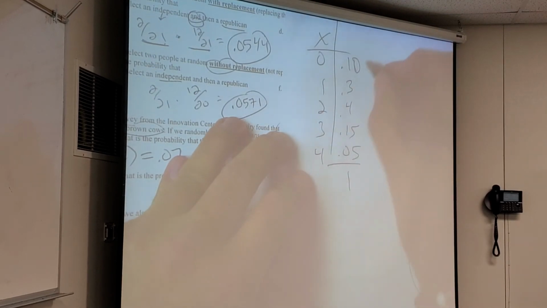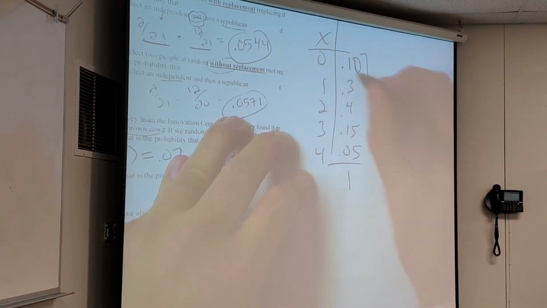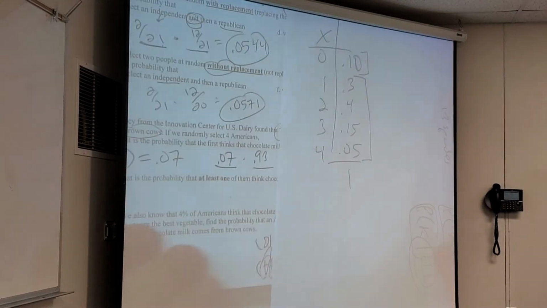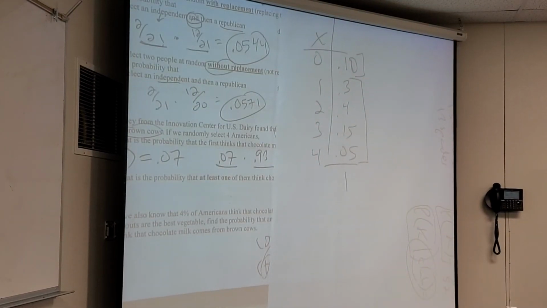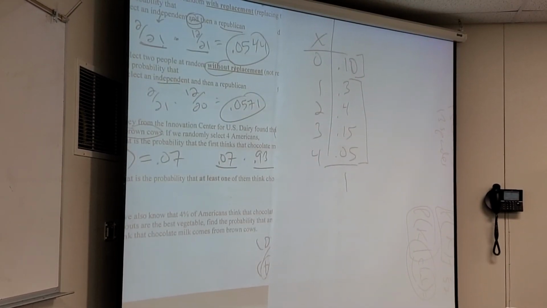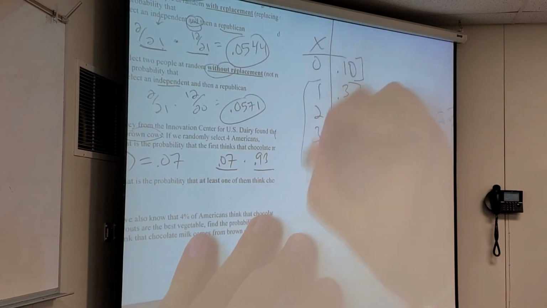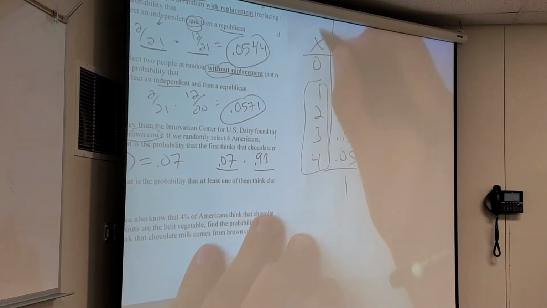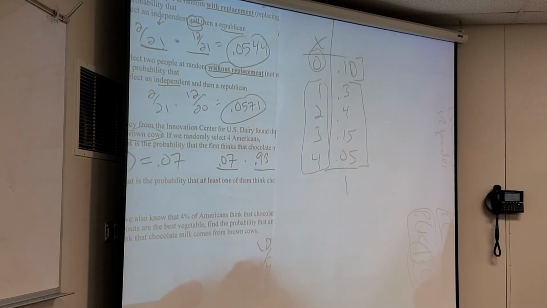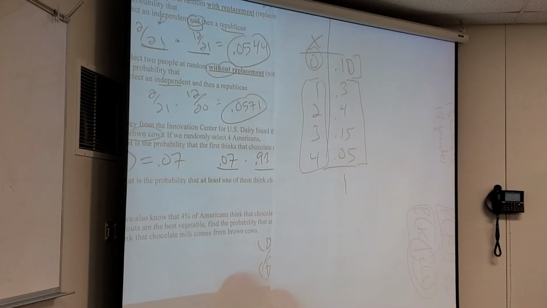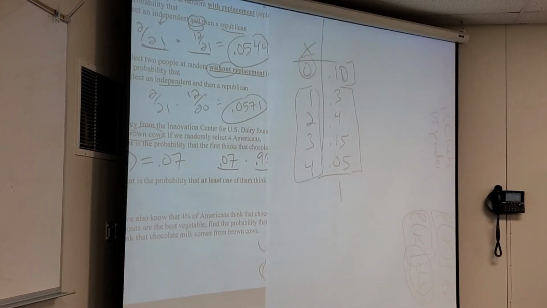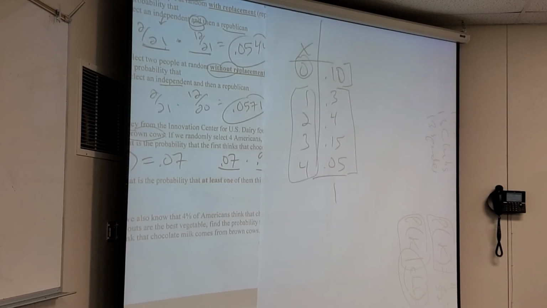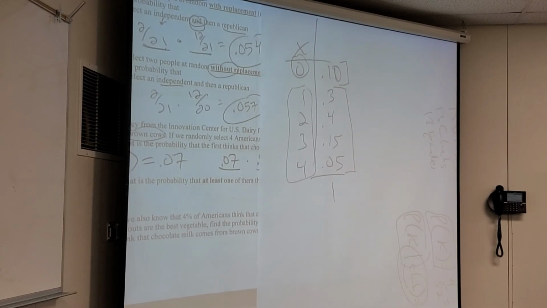So 1 minus any chunk of this has to equal the other chunk because they together make 1. So if they want the probability at least 1, the opposite is the stuff it leaves out. And it only leaves out one thing. Okay. I like it.